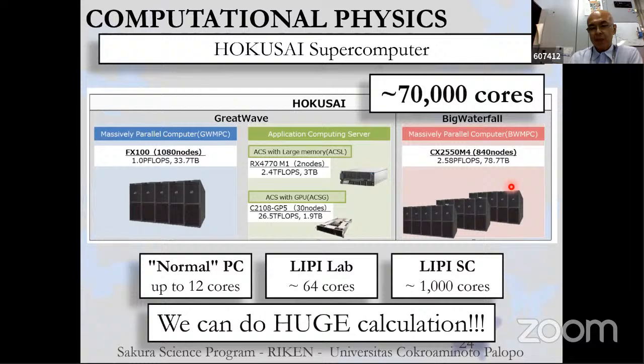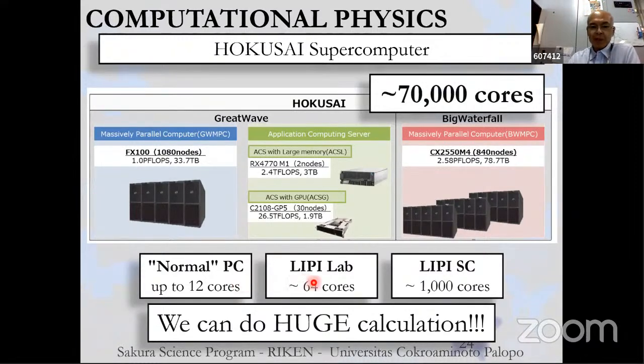So if some of you would like to join us, you can use much better computing facilities for your DFT calculations. Compared to a normal PC, we are now using 70,000 cores for our calculations. For instance, a normal PC has 12 cores, 24 cores, but if you pay much more money, maybe you can use 34 cores or 64 cores.